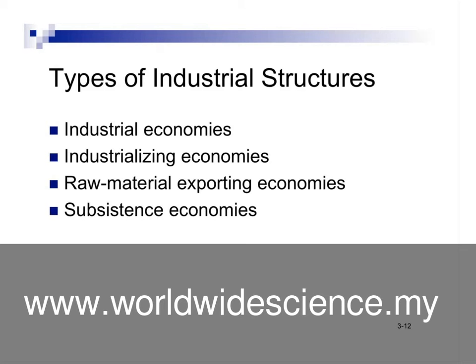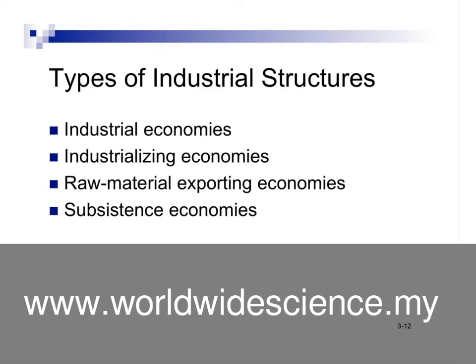And then subsistence economies have very few opportunities in markets. It's even lower than the raw material economies. They don't even have raw material. They're very poor economies, and they don't have much to offer. So they have a very low level of opportunities.